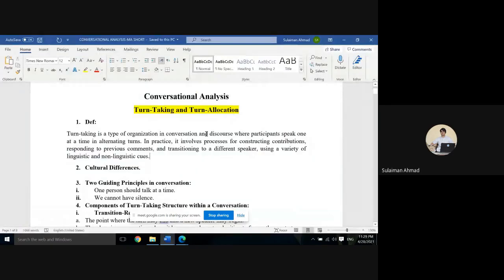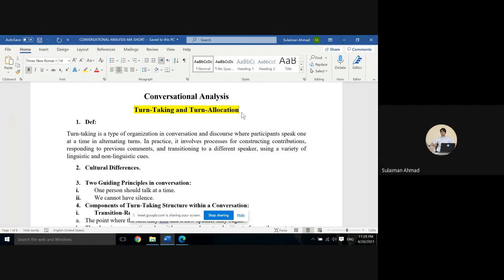So how can we analyze conversation? If you look at conversation, in conversation we take turns and we allocate turns, right? For example, if two or more than two people are having a conversation in your class, for example, Safir, Tariq Shah, Mahar Seti, and Sabanur, so they take turns and they allocate turns to one another.